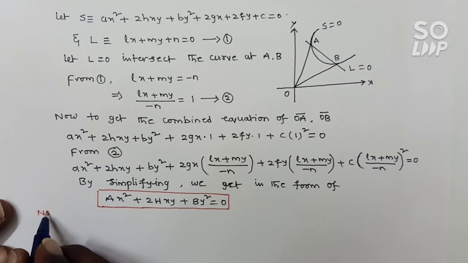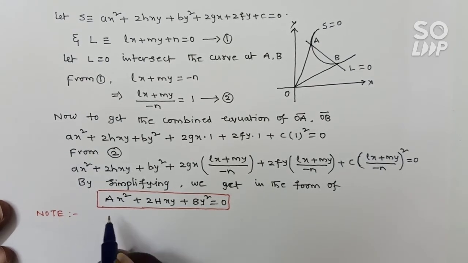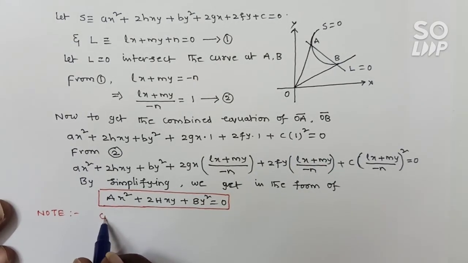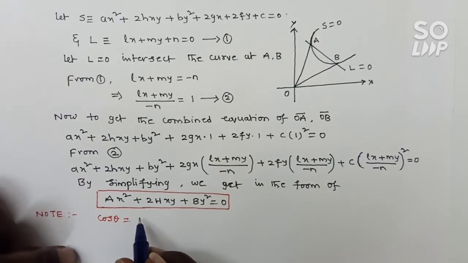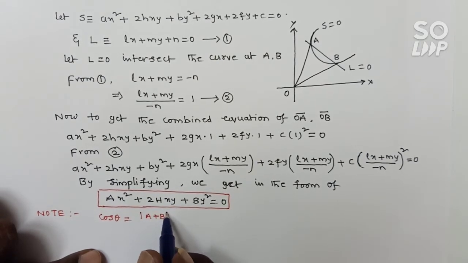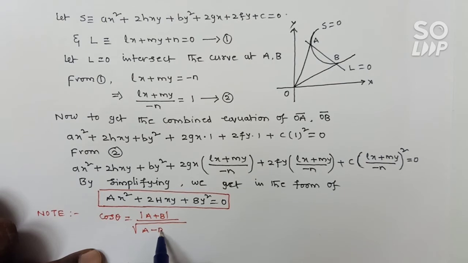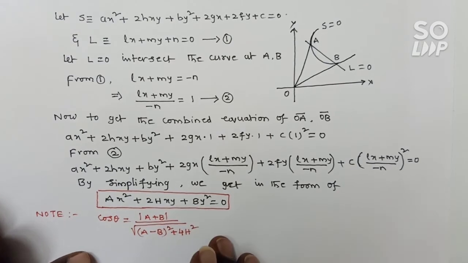Note, how can we find the angle between OA and OB? That will be cos theta is equal to modulus of a plus b whole divided by root of (a minus b) whole square plus 4 h square.